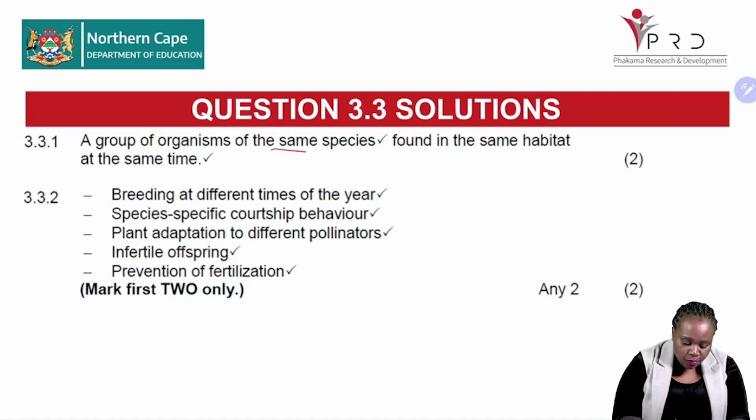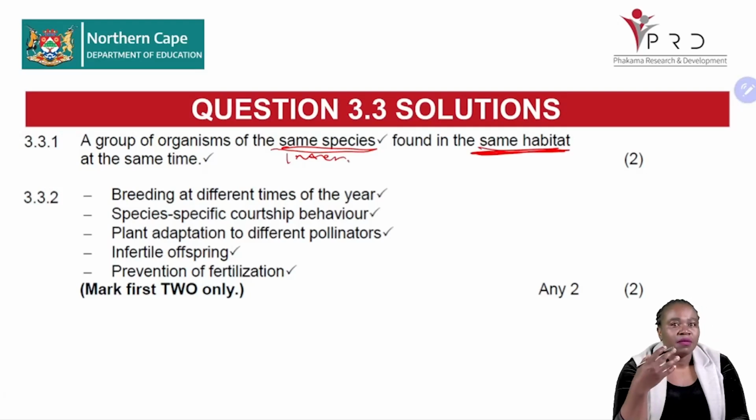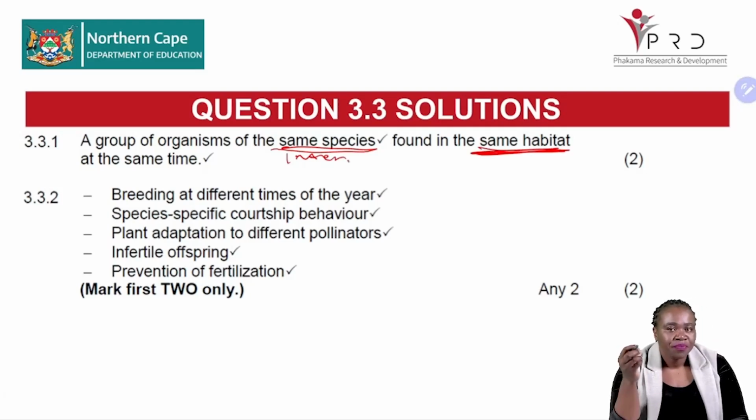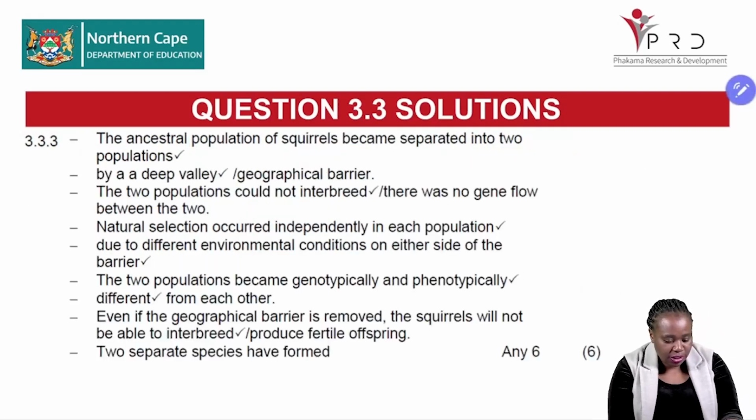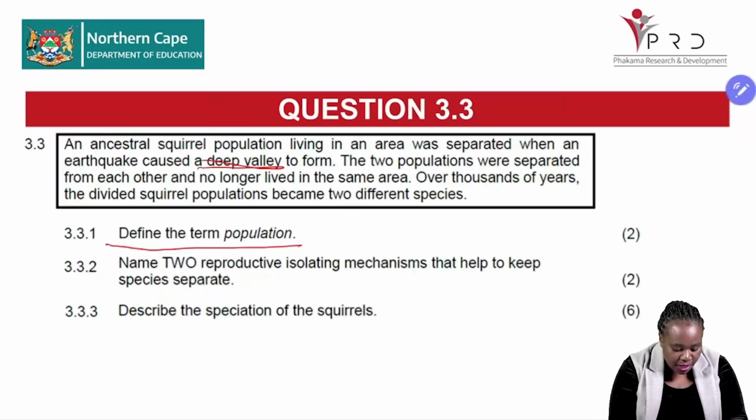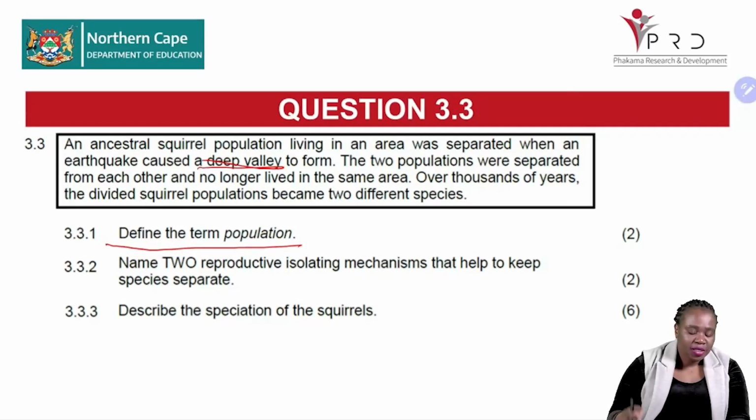So same species, meaning that they must be able to interbreed. And then same habitat, meaning that they must be found in the same area at the same time. Right. Okay. And then 3.3.2, it says name 2 reproductive isolating mechanisms that help to keep species separate.